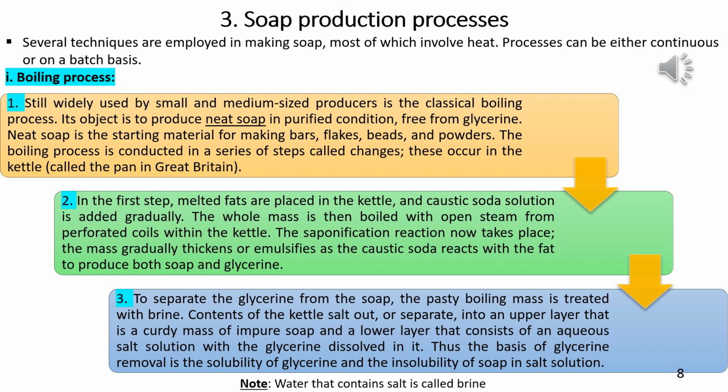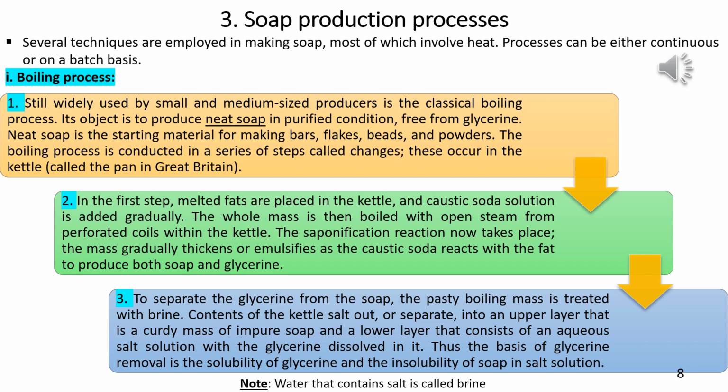For example, it can be used as a starting material for making bars, beads, flakes, and powders. The boiling process is conducted in a number of steps, and these steps are called changes. It also occurs in a kettle. The second name of a kettle is a pan in Great Britain.